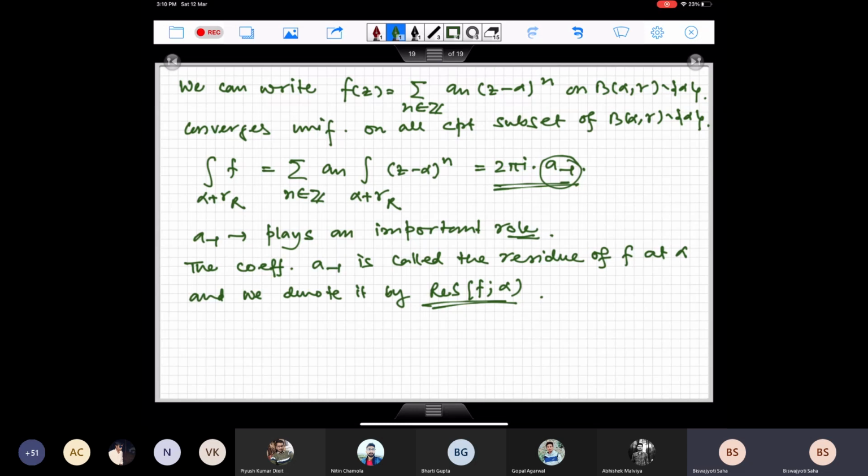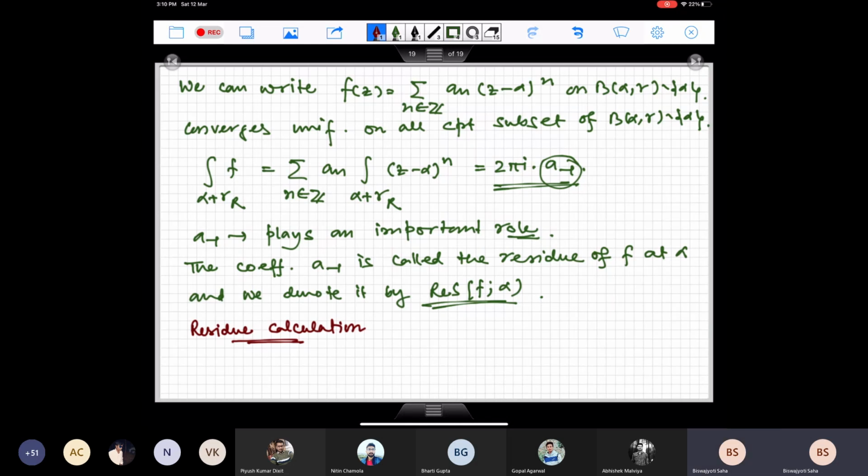So let us do some residue calculations, with formulas to find residues. As we see, to find the integral, it's really important to understand the residue. So therefore let's do some residue calculations.